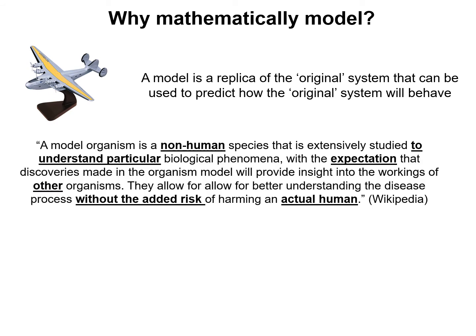Similarly, in the context of biology, experimental biologists often use a model organism. What is a model organism? As Wikipedia states, it is a non-human species that is used to study in the laboratory different biological phenomena which are of relevance to human biology, with the hope that if we understand that particular phenomena in the model organism, one can apply those insights to understand how exactly the human biological system is operating.